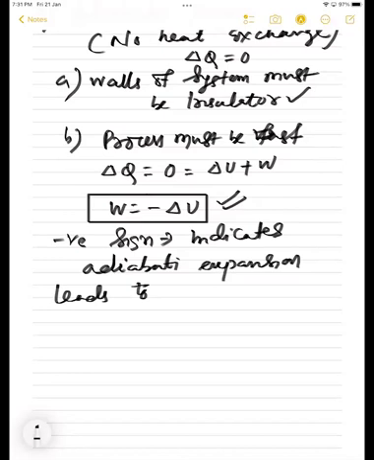Adiabatic expansion leads to cooling, right, of the gas in the adiabatic process.